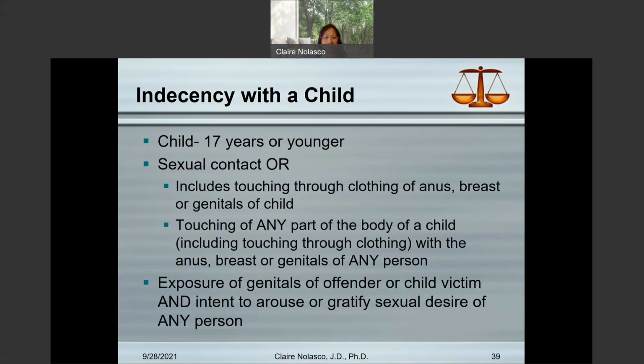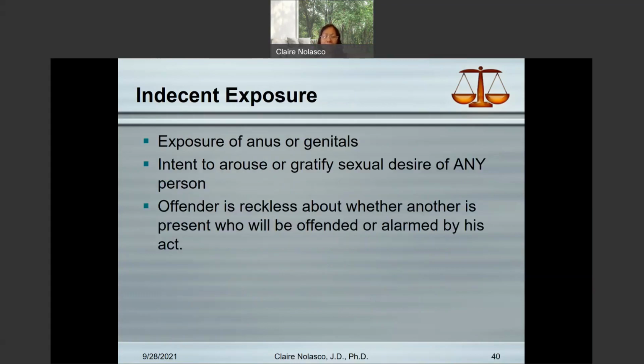For sexual contact, there has to be touching through clothing of the anus, breast, or genitals of the child, or touching of any part of the body of a child, including touching through clothing with the anus, breast, or genitals of any person. The second form of indecency with a child is the exposure of genitals of the offender or child victim with the intent to arouse or gratify the sexual desire of any person.